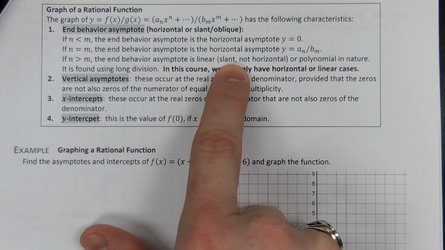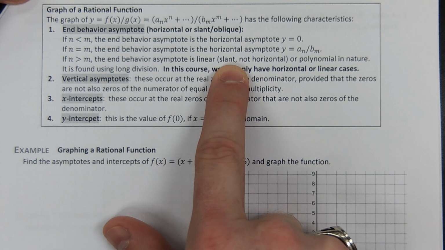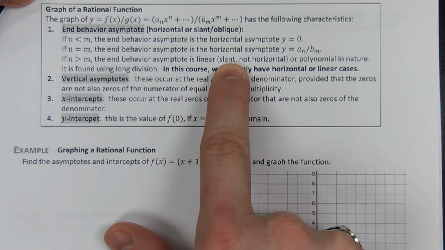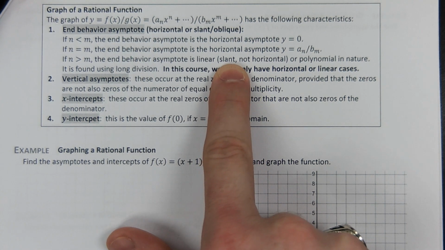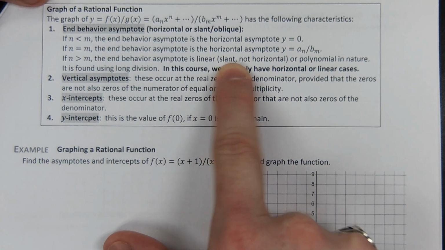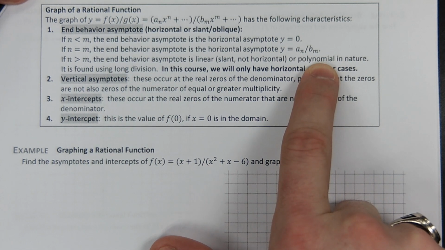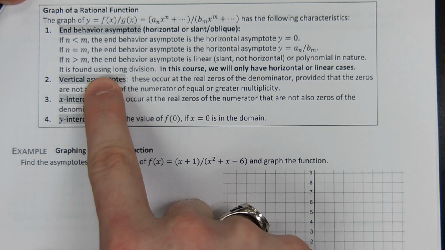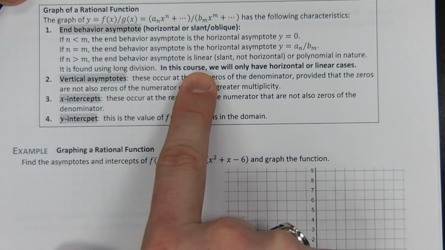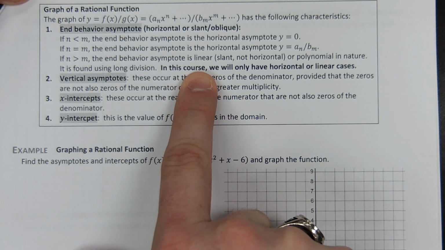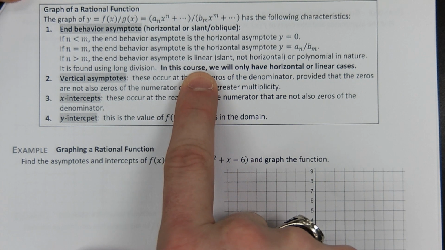We say this is called a slant asymptote, also known as an oblique asymptote. Now, if it was more than 1 larger, then it would be a polynomial in-behavior asymptote. Either way, you're going to have to find them using long division, but in our course, we will not go above the linear asymptote, known as a slant or oblique asymptote.